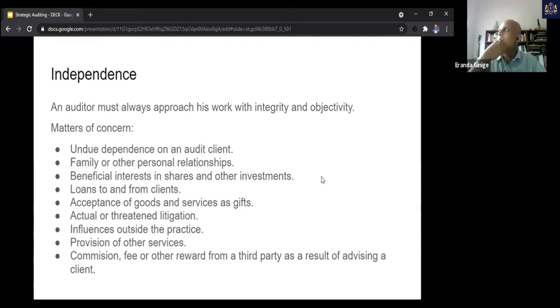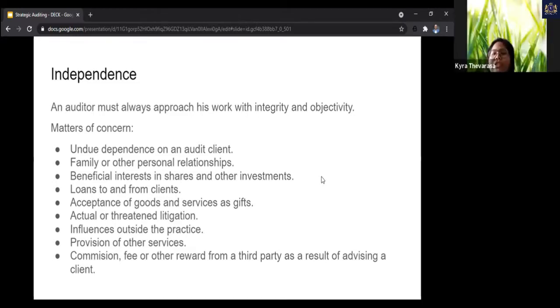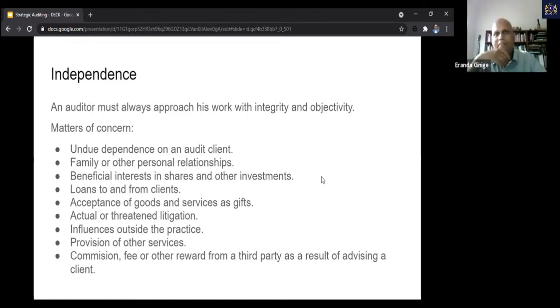Let's say there's some agency that is going to benefit as a result of the advice that you gave to a client, and that agency is going to give you something for that. Clearly that's unethical. That agency benefits because of your professional work, not because you wanted to help that agency, right?